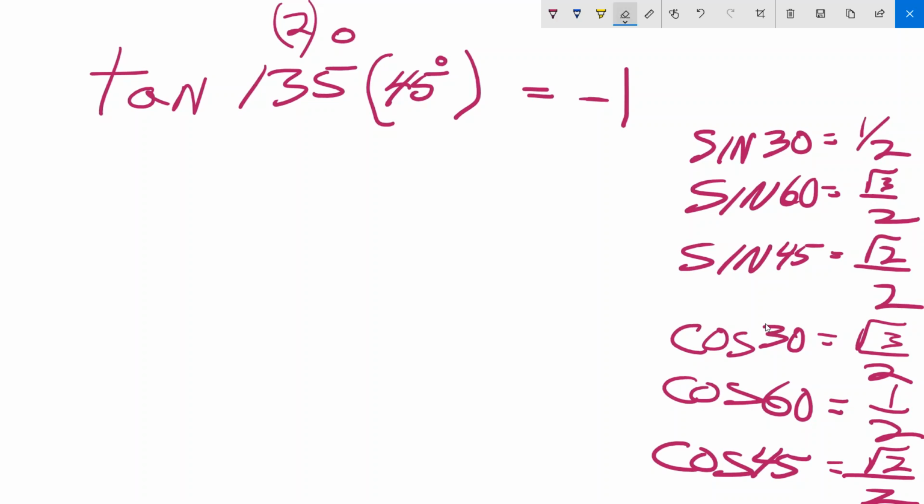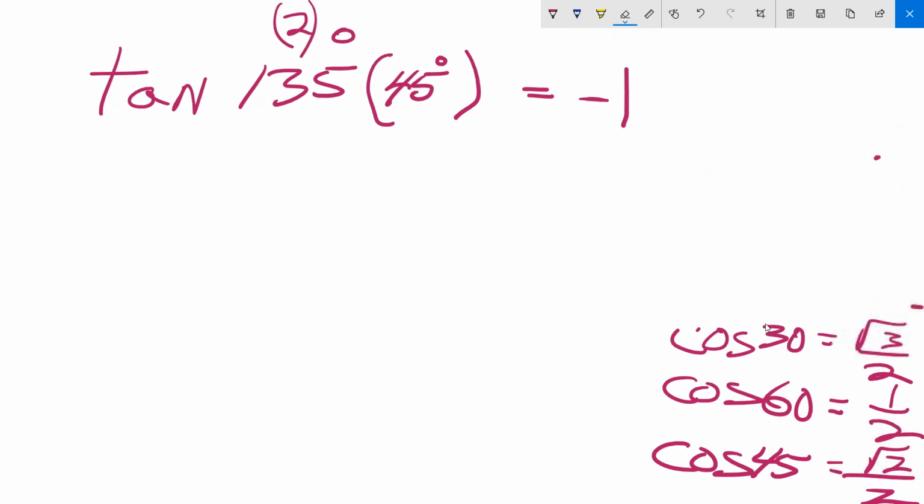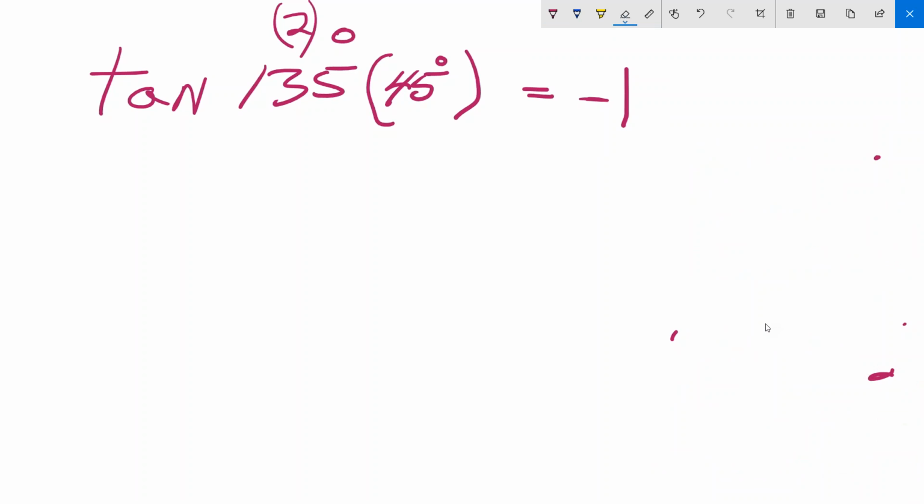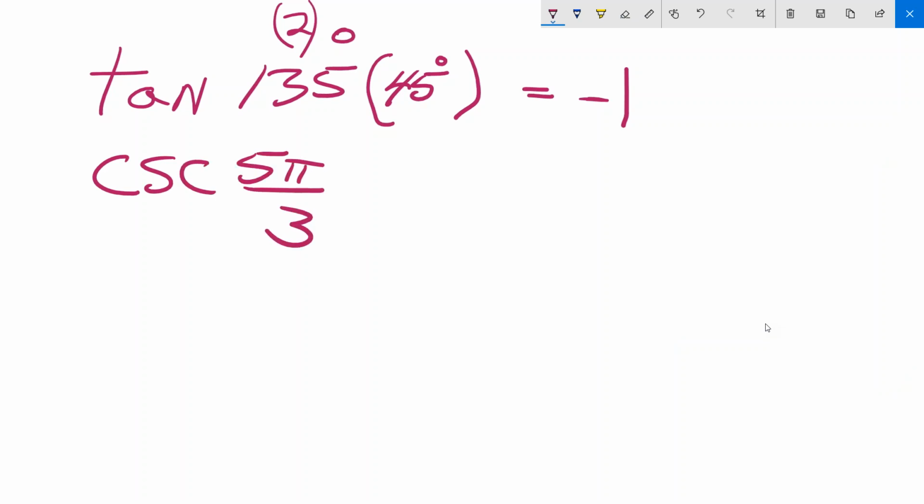So, what's the next one you have? Well, they're mixing it up, aren't they? Let me erase that top one just so we'll have room to write above it.